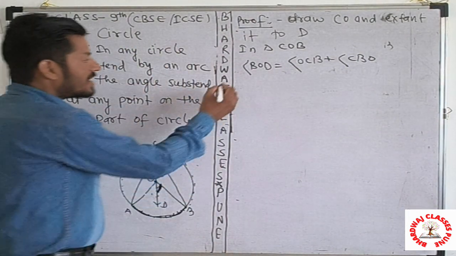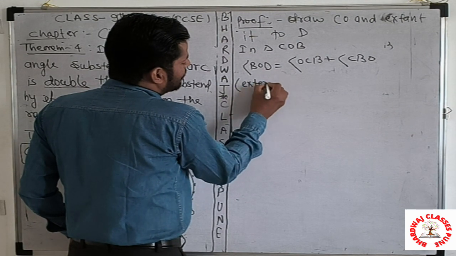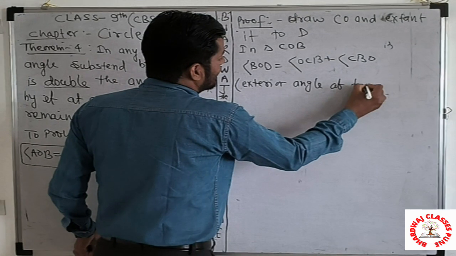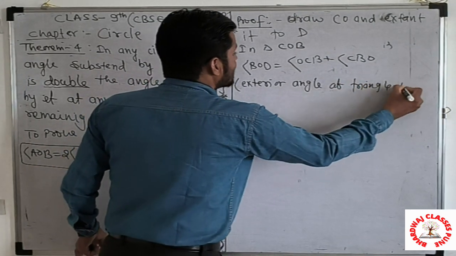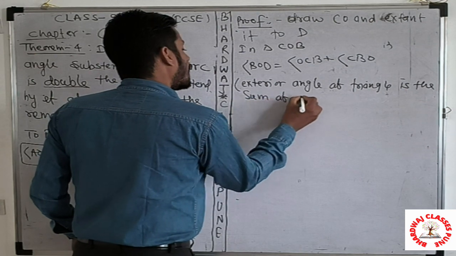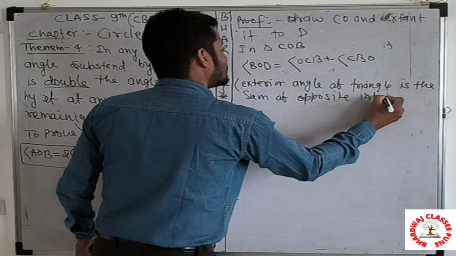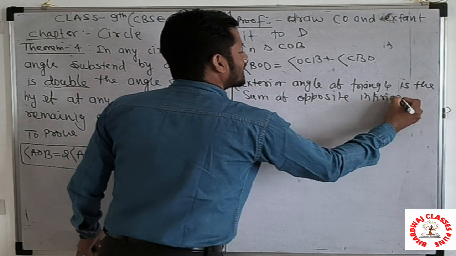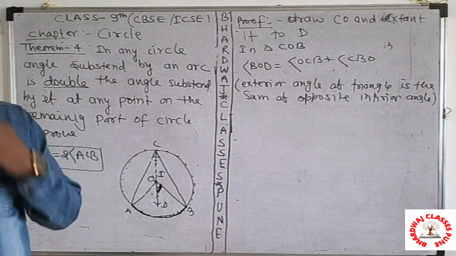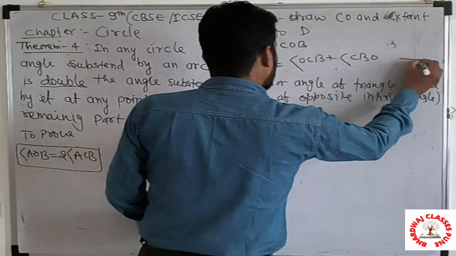Why? Because we know that the exterior angle of a triangle is the sum of the opposite interior angles. So from this relation we can write this. This is your number 1.